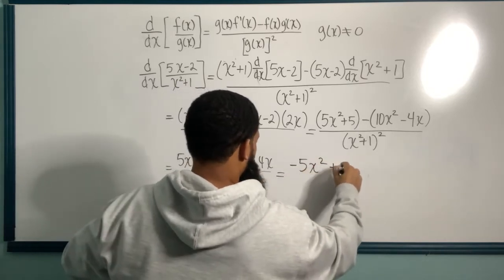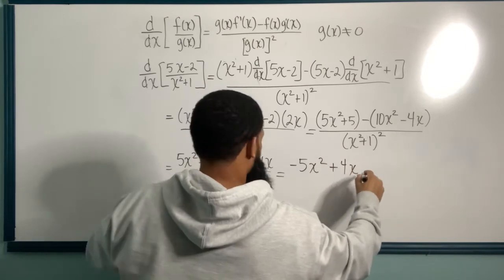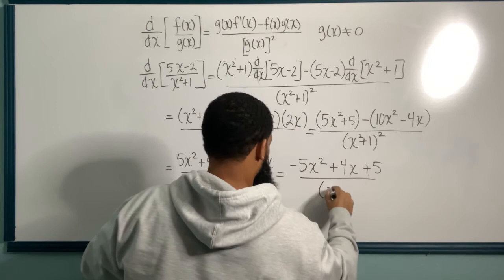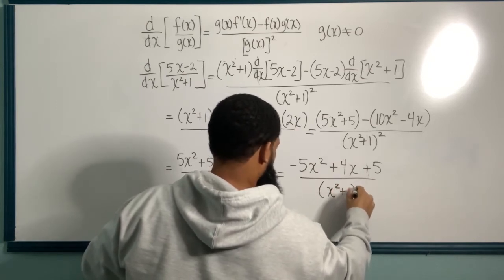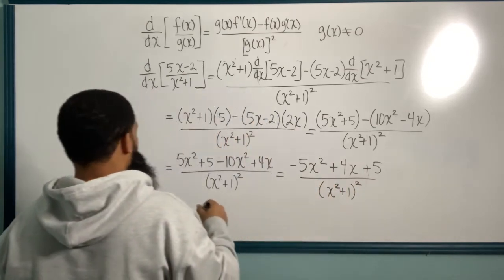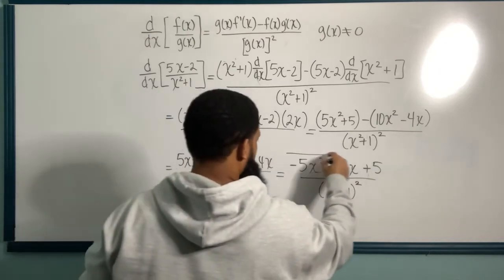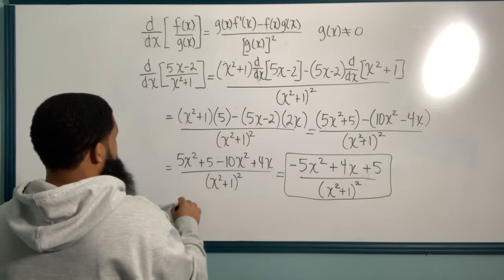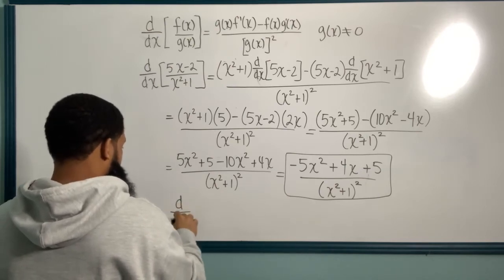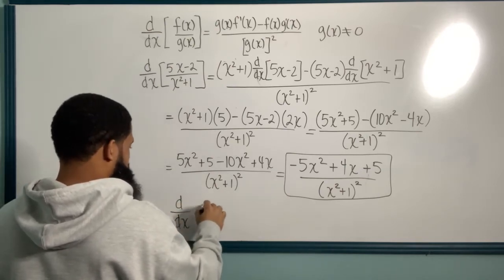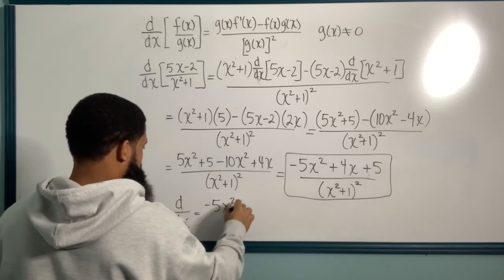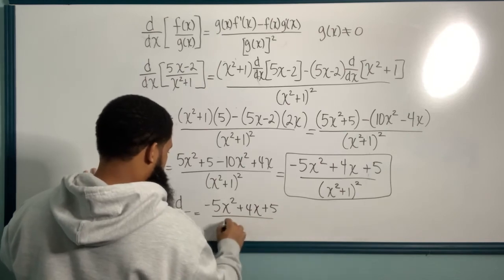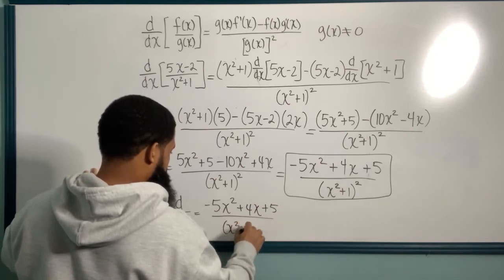And then plus 4x, and then plus 5, and then keep that over x squared plus 1 squared. So our final derivative can be written like this: d dx is equal to negative 5x squared plus 4x plus 5 over x squared plus 1 squared.